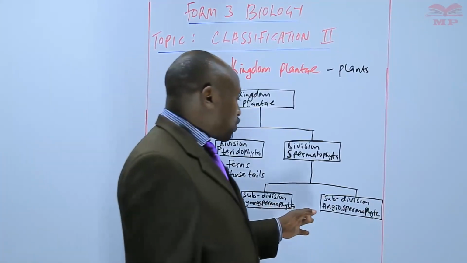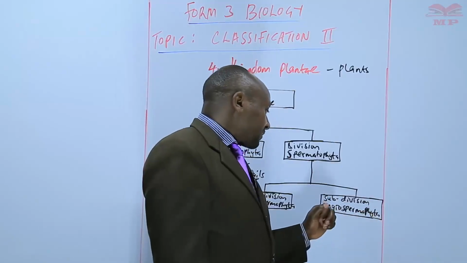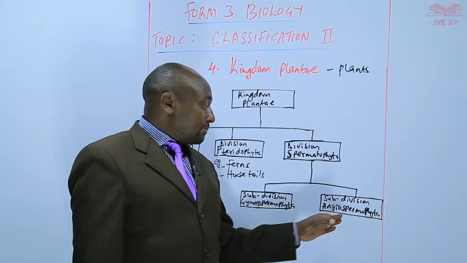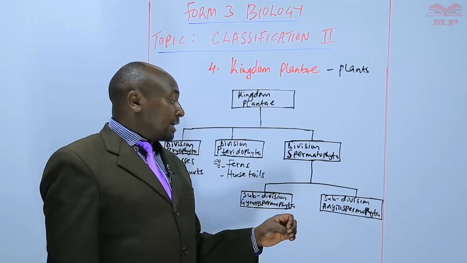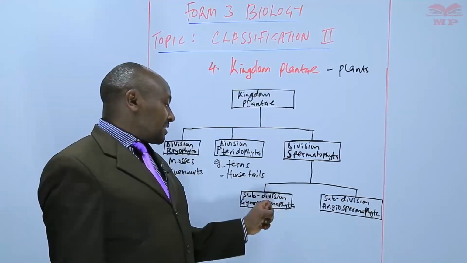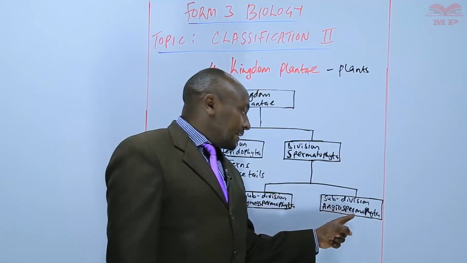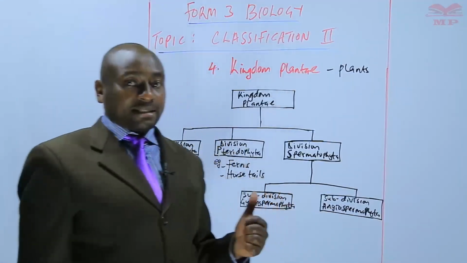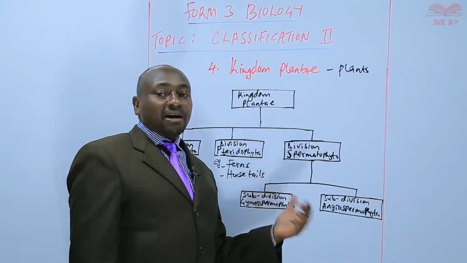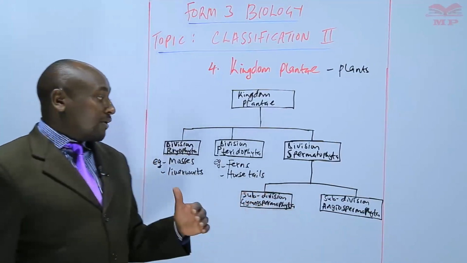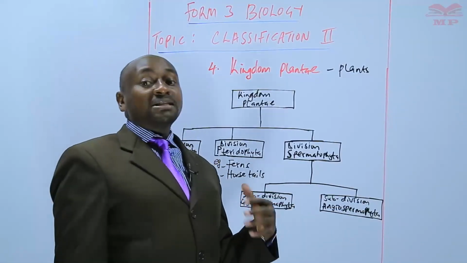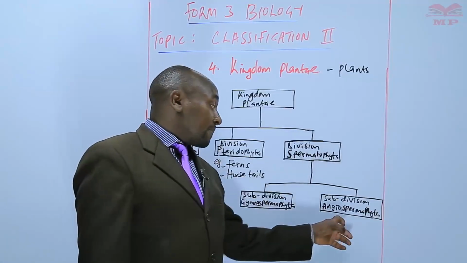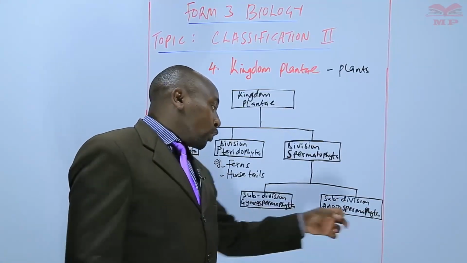In the subdivision Angiospermaphyta, what is referred to as the angiosperms, these are the plants that are a little bit more advanced, and these are the common flower-bearing plants. They bear flowers, and of course, those flowers are the ones that later form seeds that are enclosed within the fruits. So here we are saying that the seeds are enclosed.